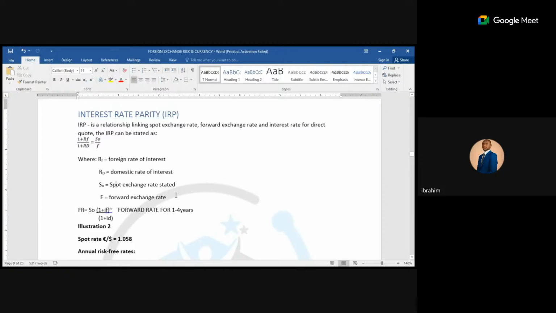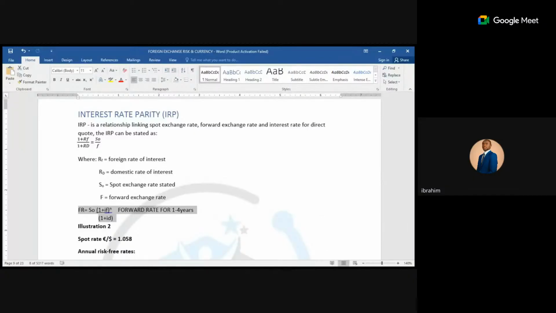So when you want to determine the forward rates for maybe 1 year, 2 years, 3 years, 4 years, you have to use this formula to determine your forward rate.